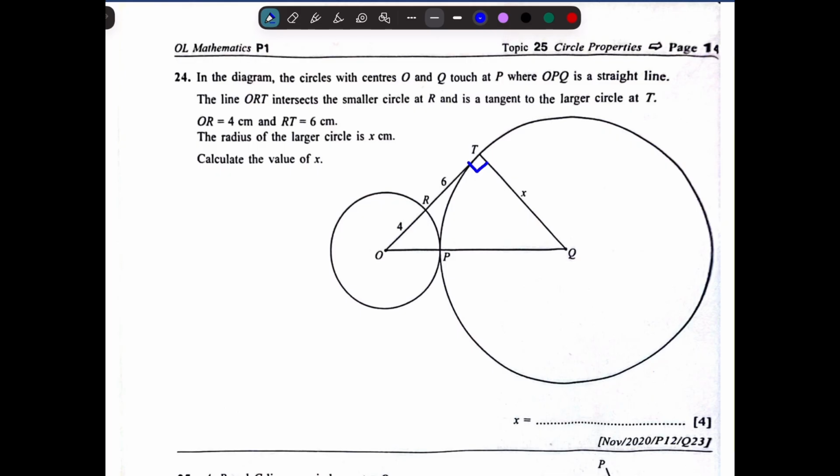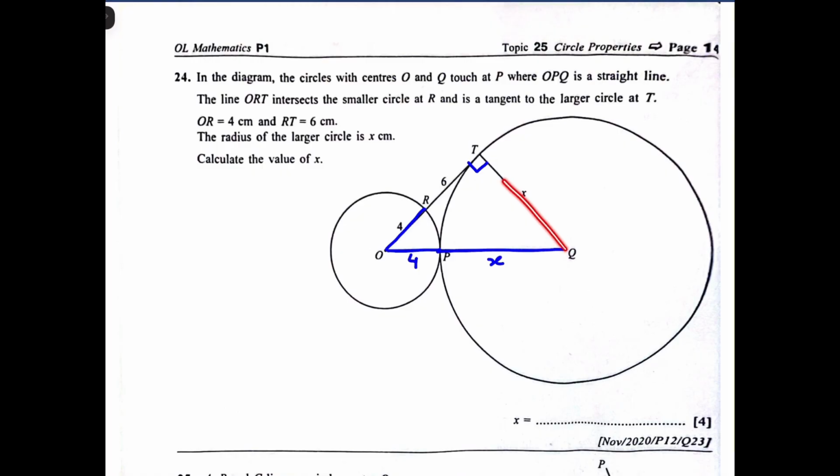Okay, so let's see. We know that since OR is 4, OP will also be 4, the radius of the circle. And since QT is x, QP is also going to be x, because it is the radius of the larger circle. So QT and QP are the radii.